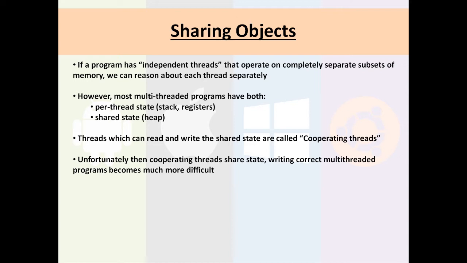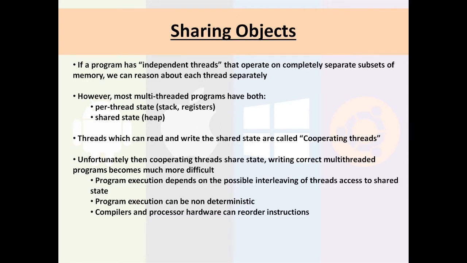Now, the reason this is much more difficult with cooperating threads is because of a couple different cases, such as our program execution depends on our scheduler, or the possible interleavings of threads which access this state. Now, the idea here is, well, what if one thread changes value X that's on the heap, and later on another thread changes value X?